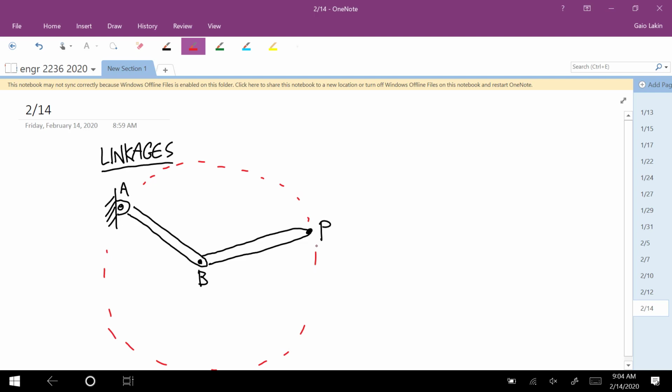And the question is, is B fixed to the ground or not? Is it at rest relative to the ground coordinate system? In the case of B, that's not. That can be moving. And if the center of the circular motion is moving, then you're going to need to use relative motion.